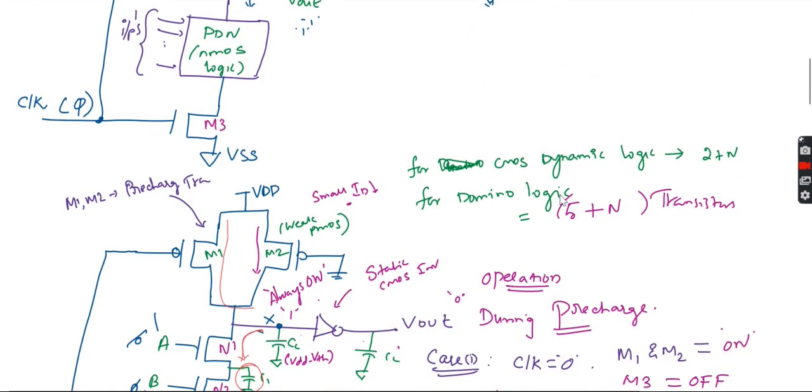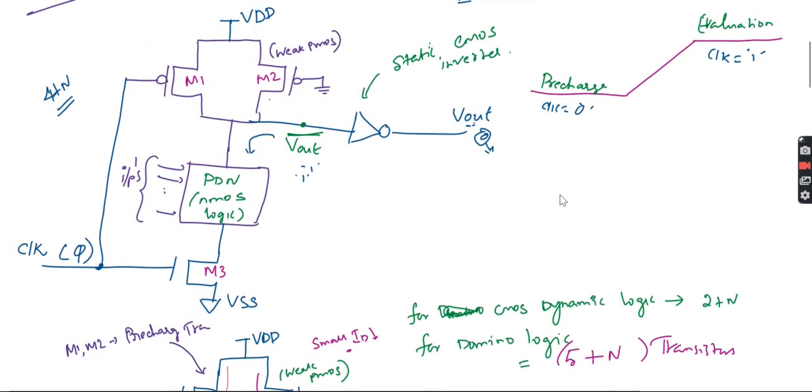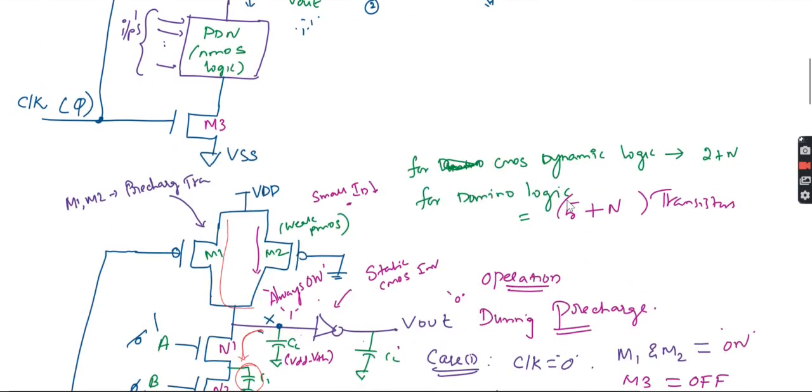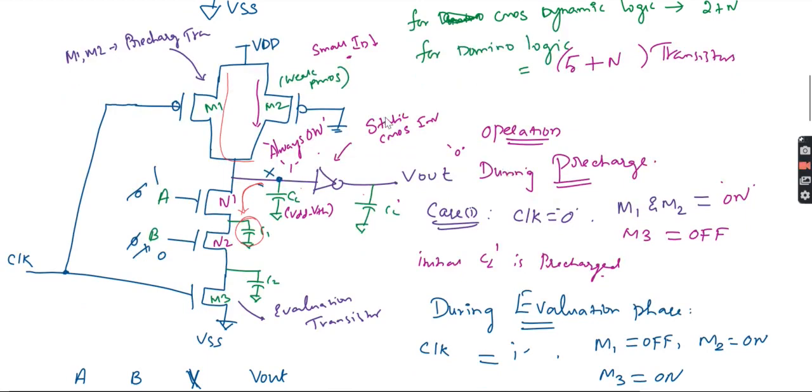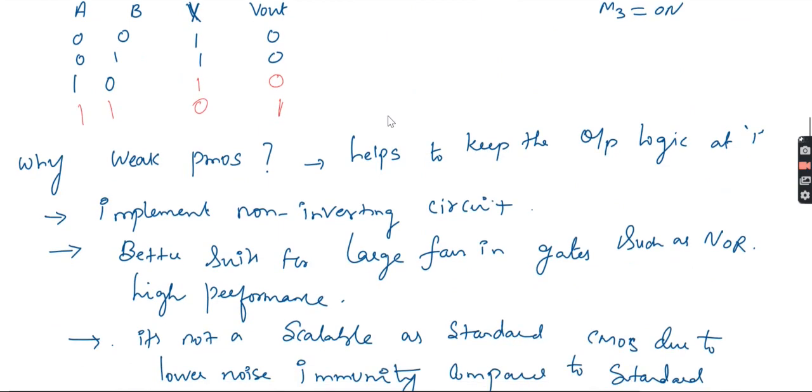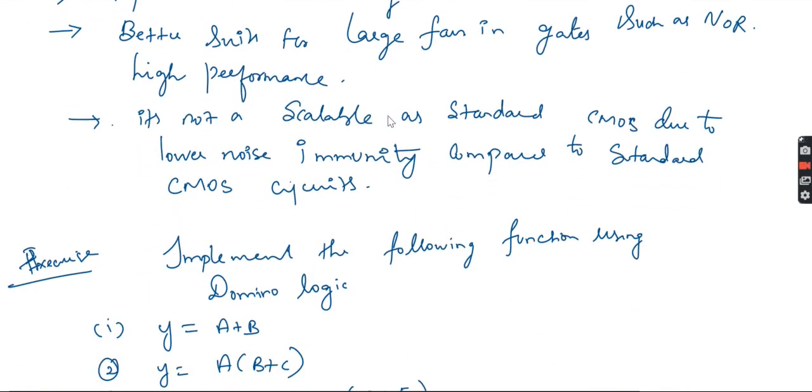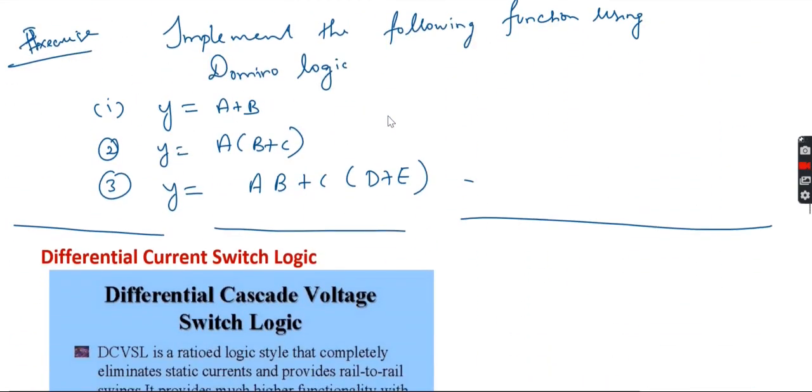Then sorry, here it is not 4 plus n, it is 5 plus n, right? Because the static CMOS inverter has 2 transistors. Next we have seen one example, a 2-input NAND gate using this logic. Then we studied the advantages and disadvantages.